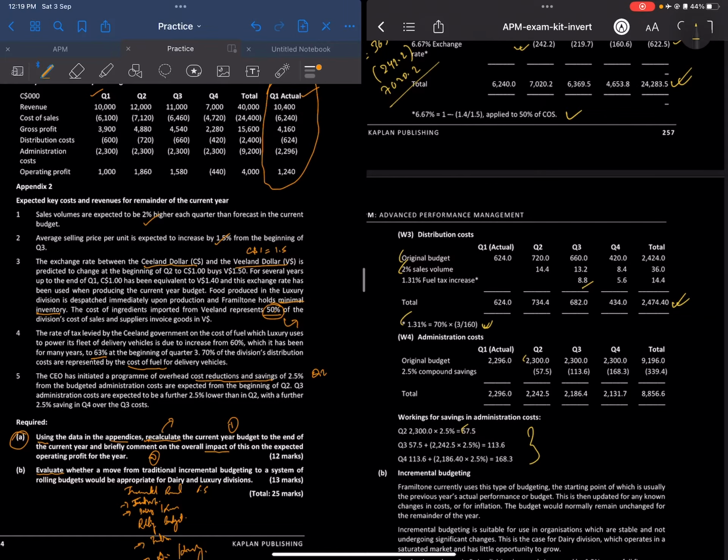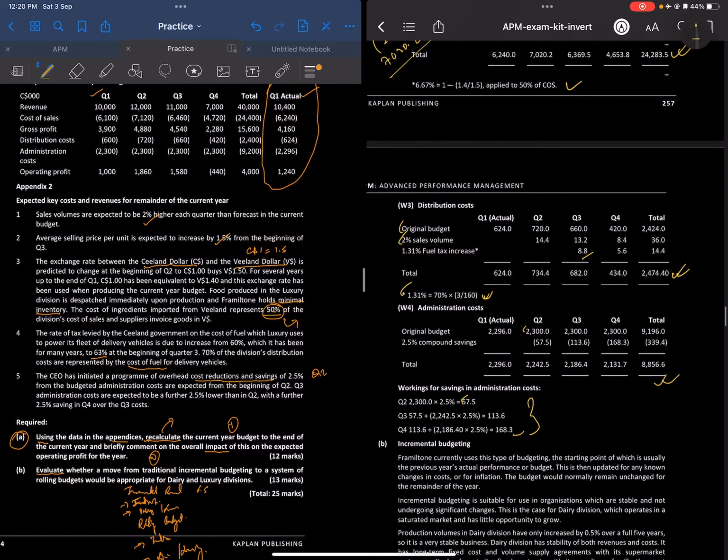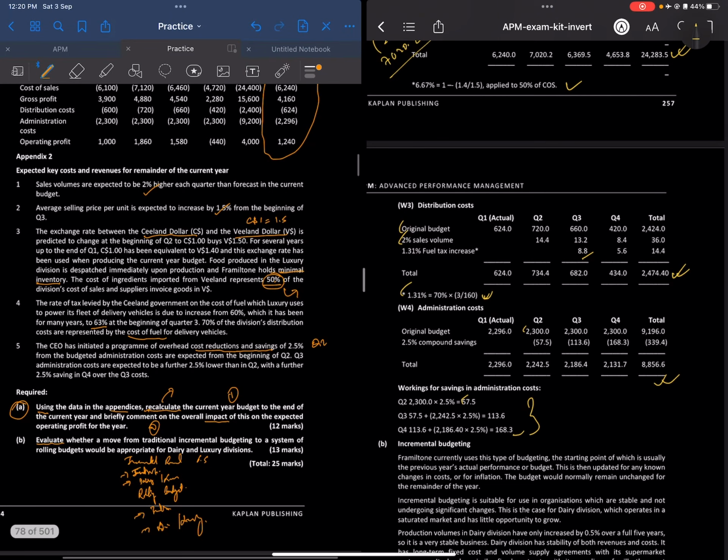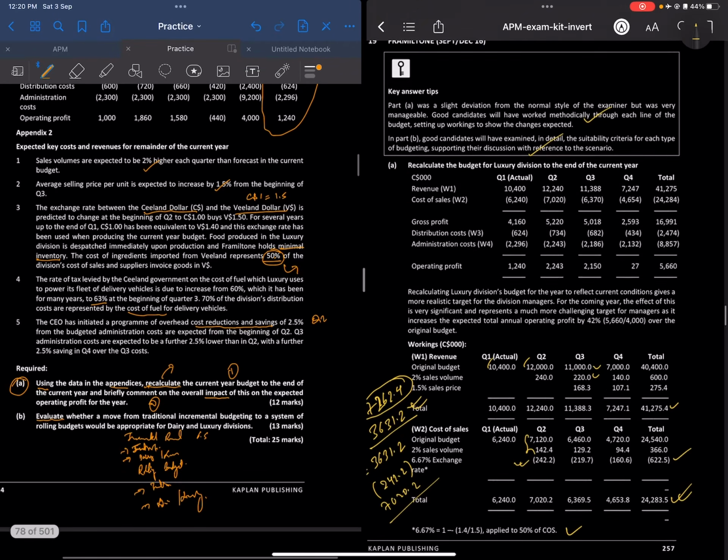So similarly for Q4 we could do it as we have done for Q3. Alright, so that will give us a savings rate of how much? 168.3, right? So we got all these figures, so that's done, but we need to still comment, right?